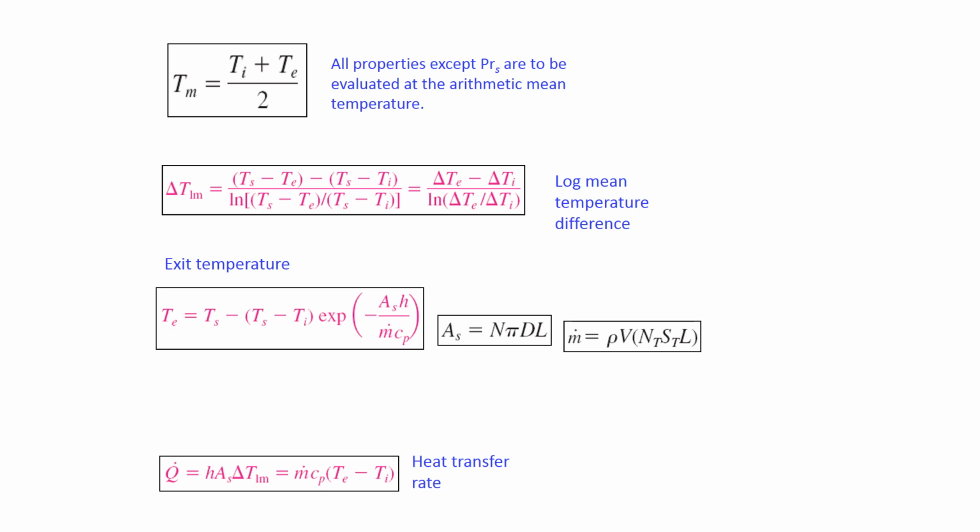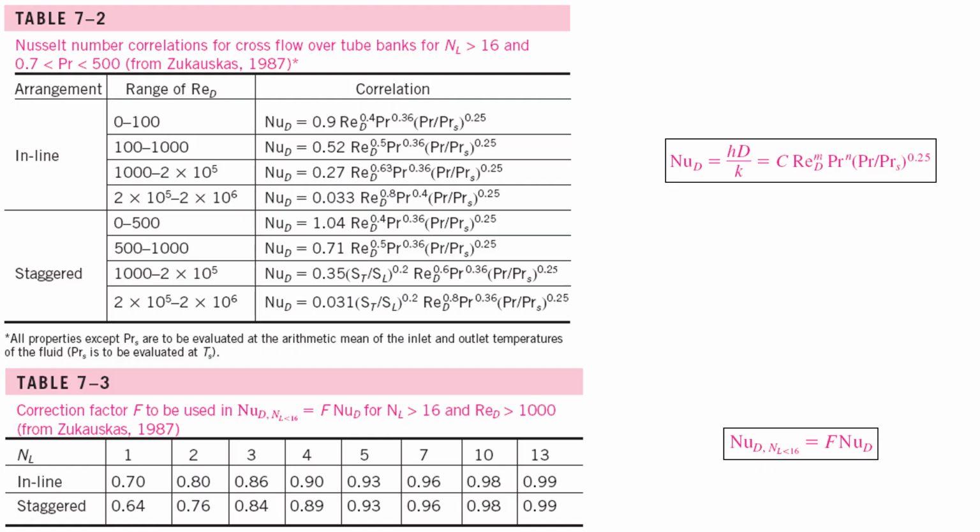specific heat. From all this temperature difference, we can calculate the heat transfer rate, where Q dot equals h A_s delta T_ln, the log mean temperature difference, equals m dot Cp (T exit minus T inlet). Okay, so we already know the inline, staggered, and also how to calculate the Nusselt number.